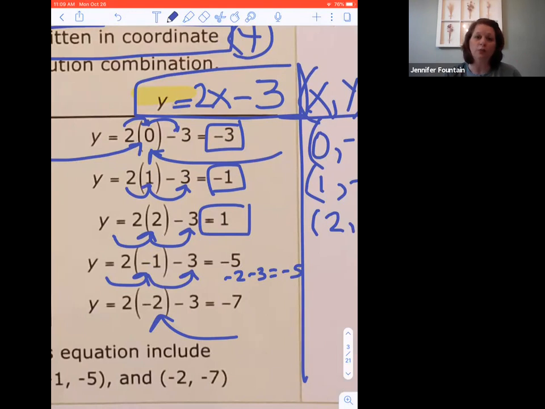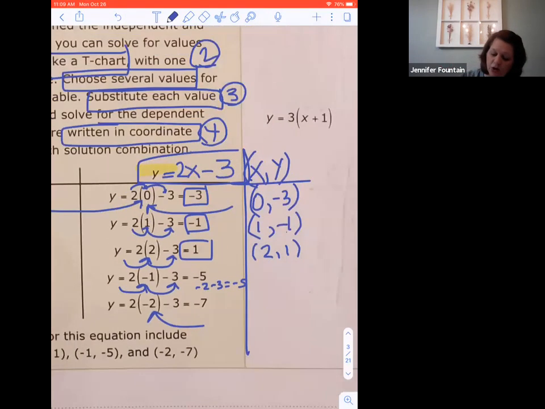If you struggled with positives and negatives, you're going to need to take extra care as you're going through these, because if you have the wrong ordered pair, your graph is going to be way off. So here we substituted -1 for x, so we have -1, -5 is our ordered pair.